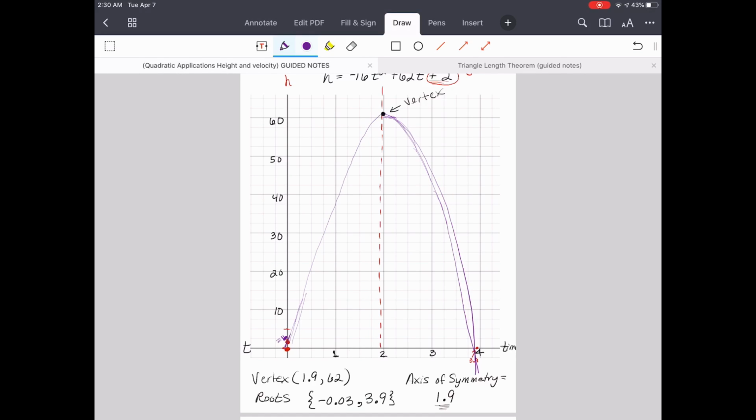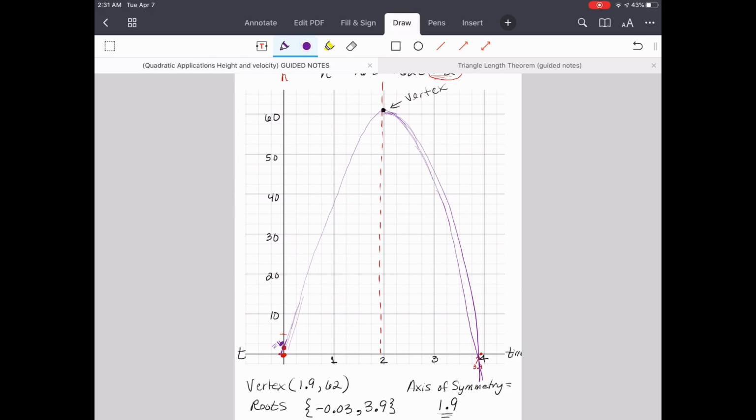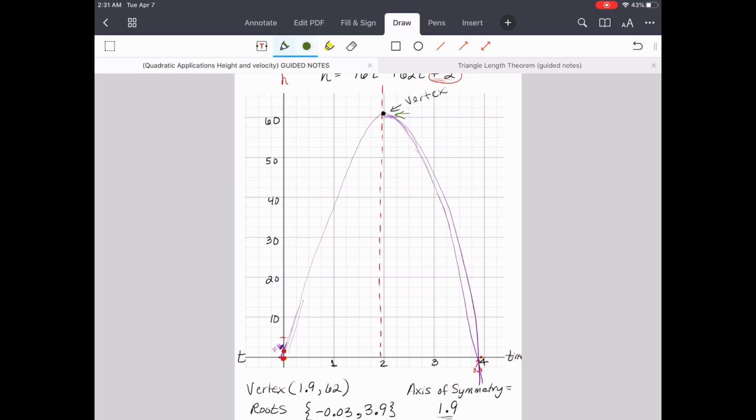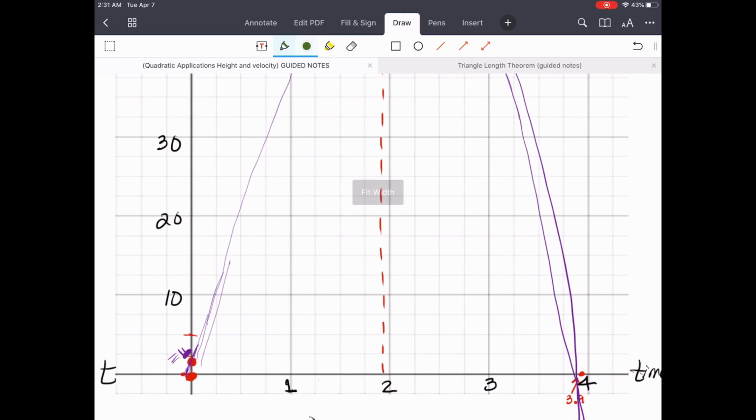Right here, let's talk about this for a moment and make some sense out of this. There's a few questions here. One of the questions was, what's the maximum height of the football? And the maximum height is around 62 feet. It also asked how long it takes to reach that maximum height. Well, the maximum height is the axis of symmetry.